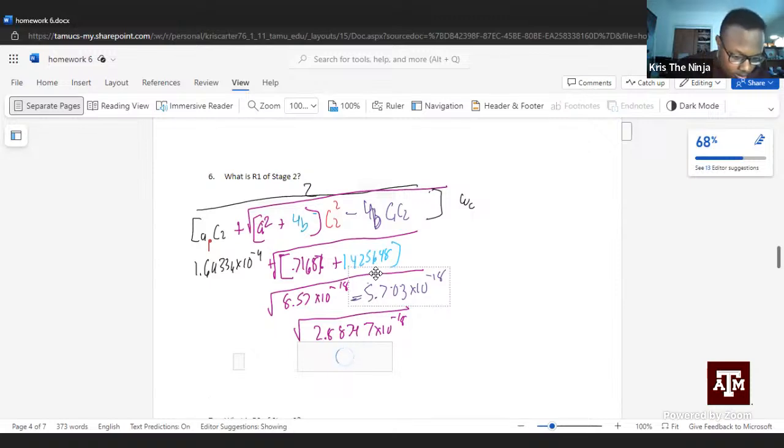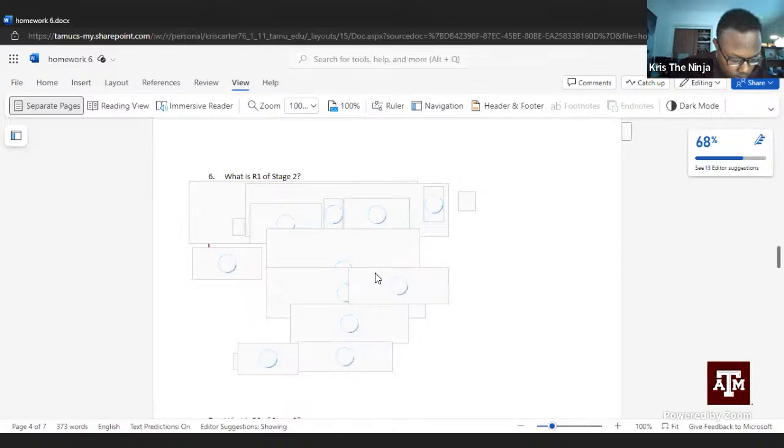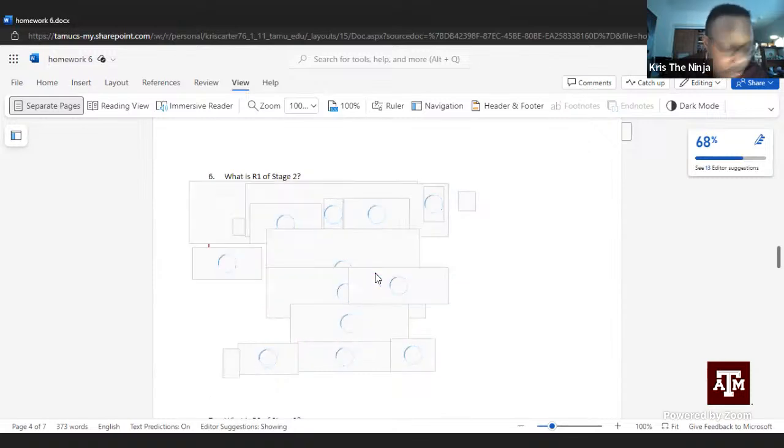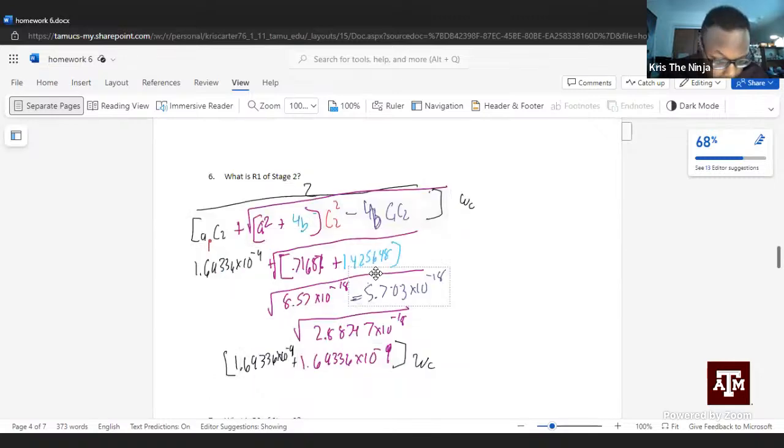Add those together. These are bracketed together, and then that's multiplied by omega C. That gives us 3.3867 times 10 to the minus ninth, multiplied by omega C, which in this case is 5,000 hertz, so 5,000 times 2 pi.